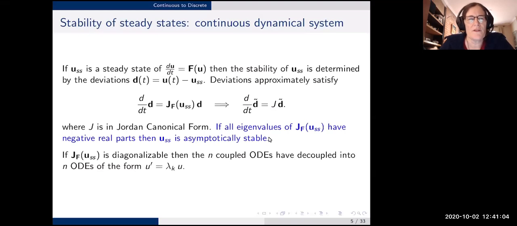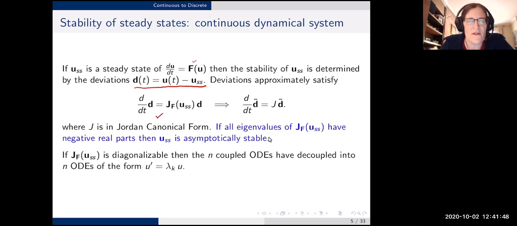Now, when you teach ODEs, you teach about the stability properties of fixed points of the ODEs. The way you would understand the stability of a fixed point is you would look at the deviation from the fixed point. You take the solution and subtract the fixed point, and then you find an equation that the deviations approximately satisfy. That equation comes from computing the Jacobian of the vector field and evaluating it at the steady state.